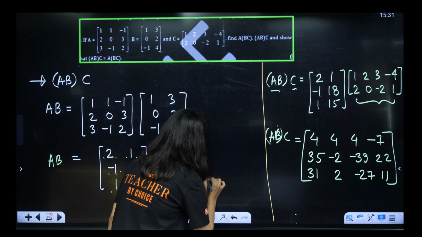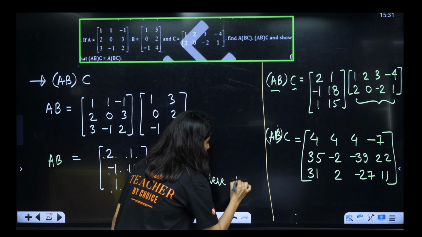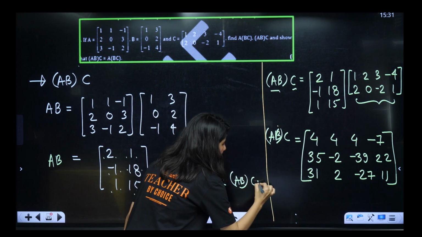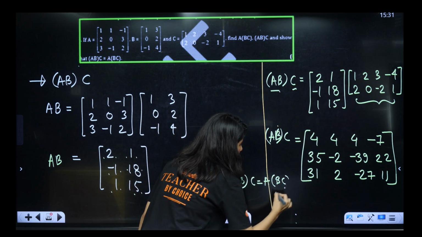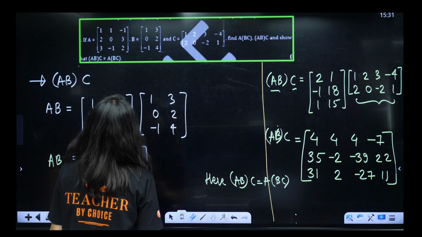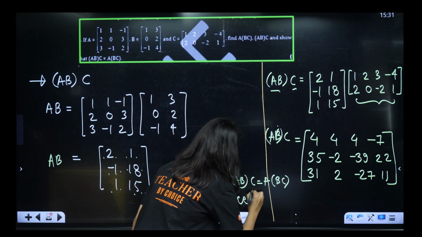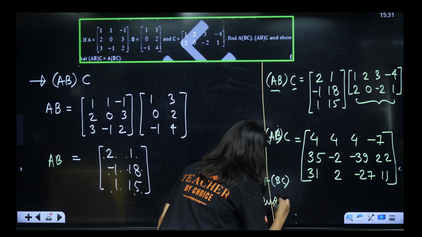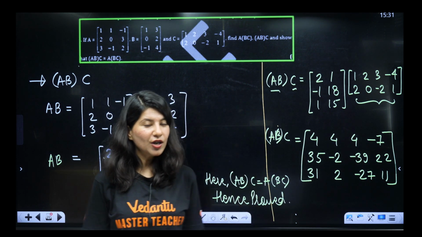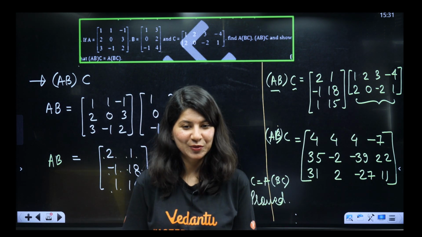So what we will write as the final here, ABC is equals to ABC, hence proved. After all the work we do, all we have to write is hence proved.